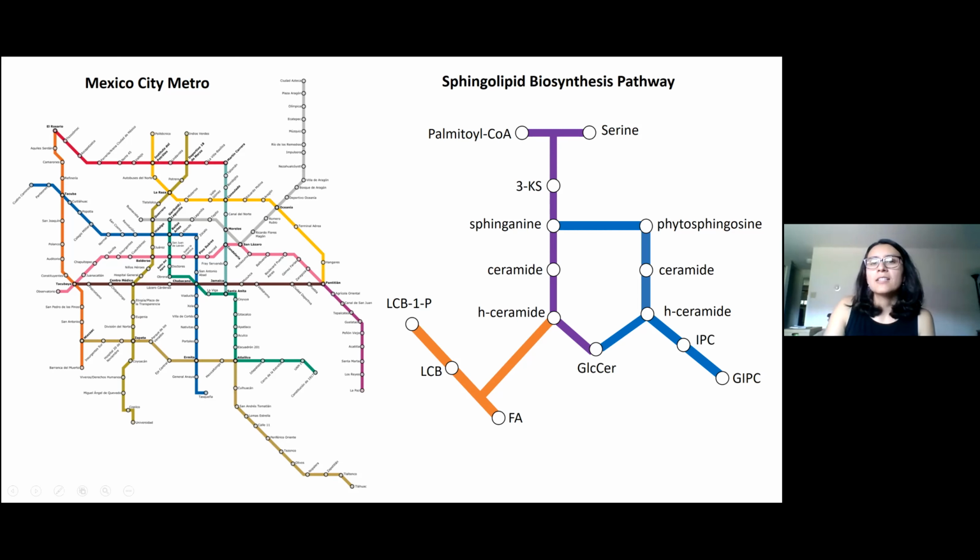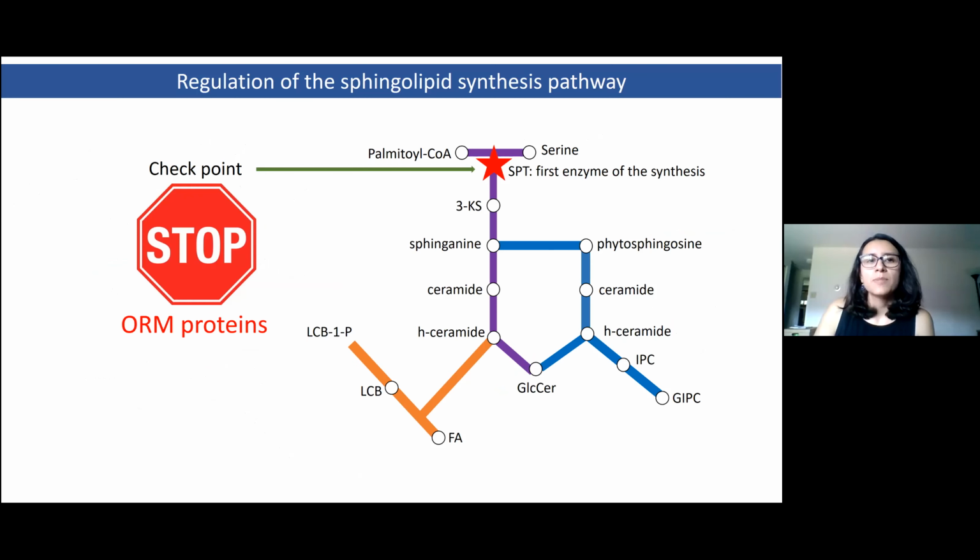So the idea here is, if we want to, for example, go faster from here to here, then we can increase, for example, this step, right? Or if we feel like there's a lack of the complex sphingolipids, the plant can adjust and try to make this synthesis go faster or go slower depending on the needs, right? So that is basically the regulation of the whole synthesis pathway.